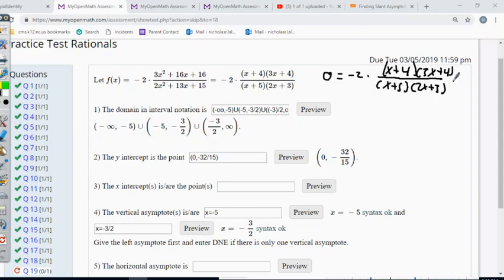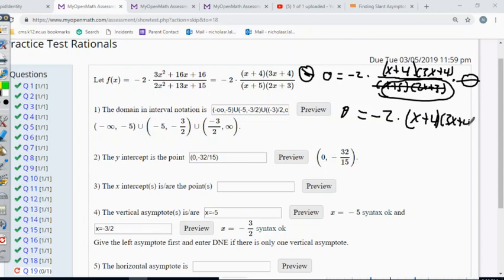What I do is multiply each side by this denominator value. It cancels out here, multiplying by 0. So now I have 0 is equal to -2 times x plus 4 times 3x plus 4.